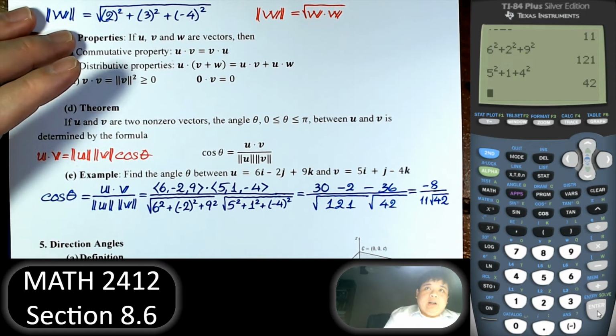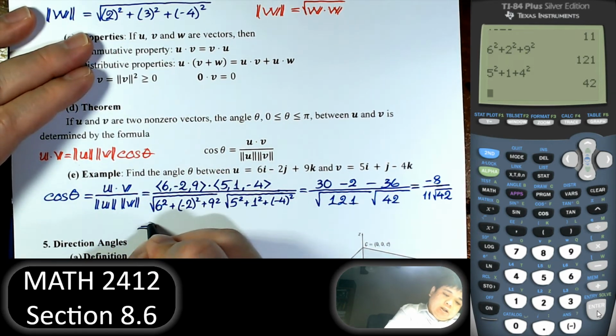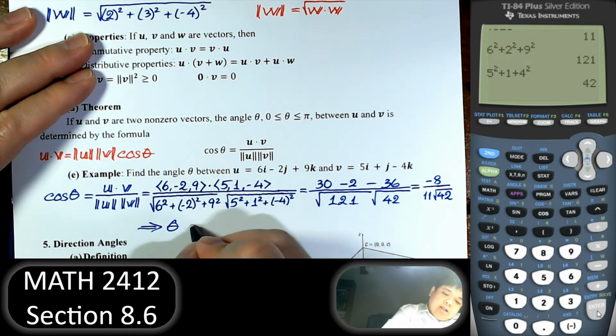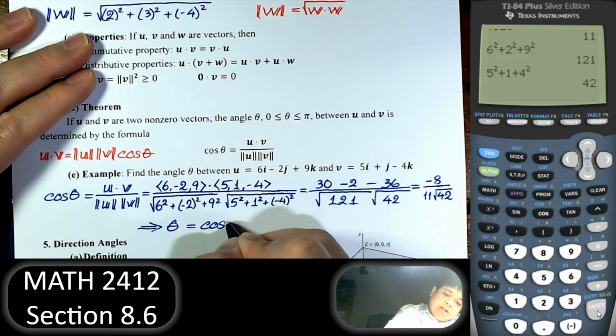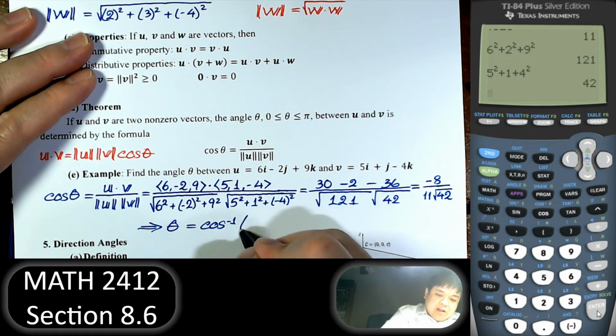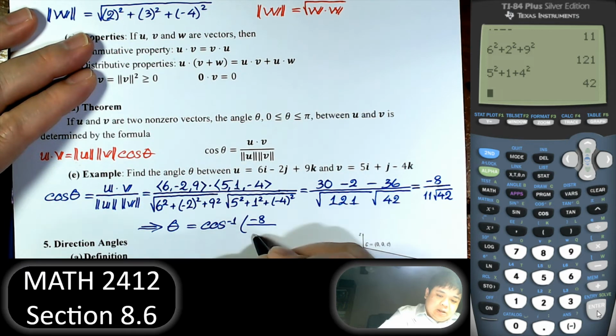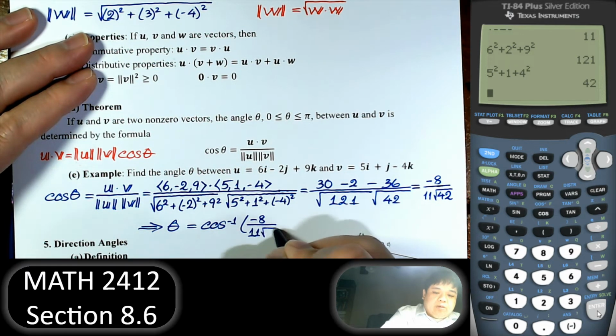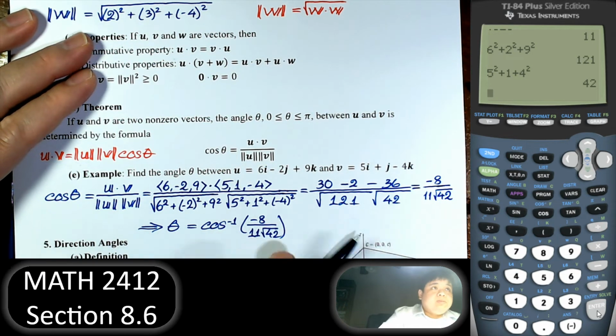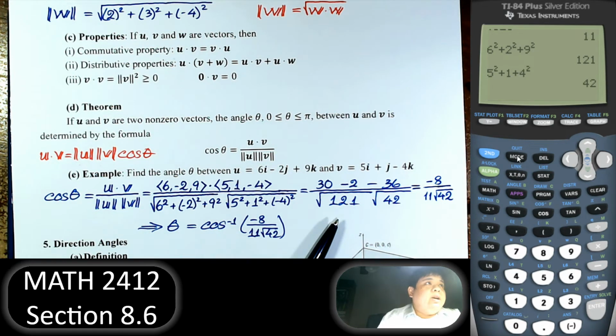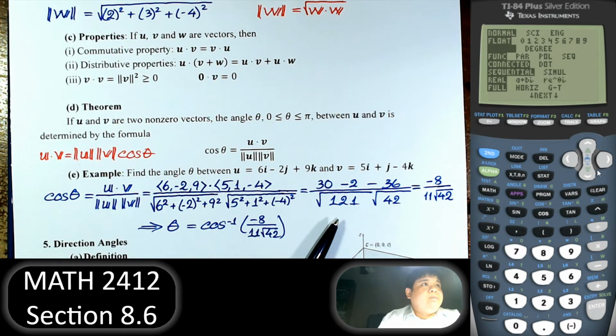So we have cosine equal to that. If we want to get back to theta, it is cosine inverse of that, -8 over 11 square root of 42. I will keep the calculator in degree mode. Usually that's when we do inverse trigonometric functions.